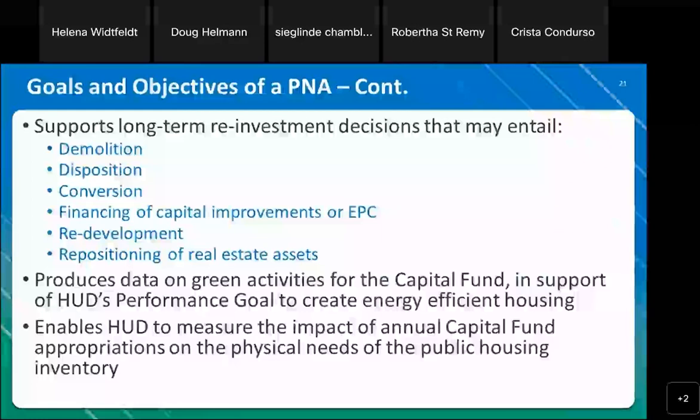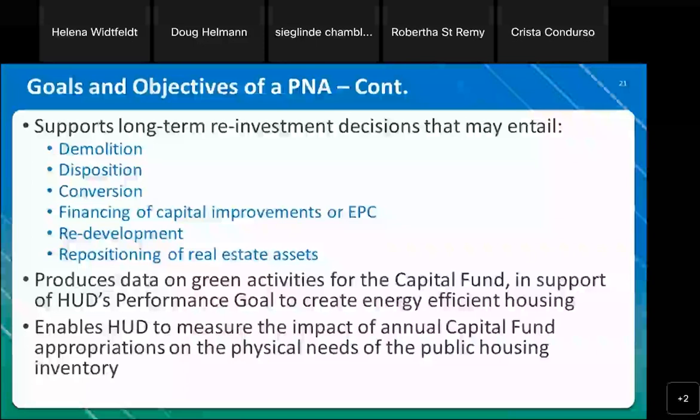We talked about demolition, the most severe, obsolescence, disposition when you decide it is no longer needed, or when you go through a conversion, whether it is Choice, whether it is RAD or any other disposition form, maybe through your development arm or sale. Then you need to have all of these pieces together through the physical needs assessment. Through conversions, we talked about that. For capital financing, we talked about that when it's necessary.